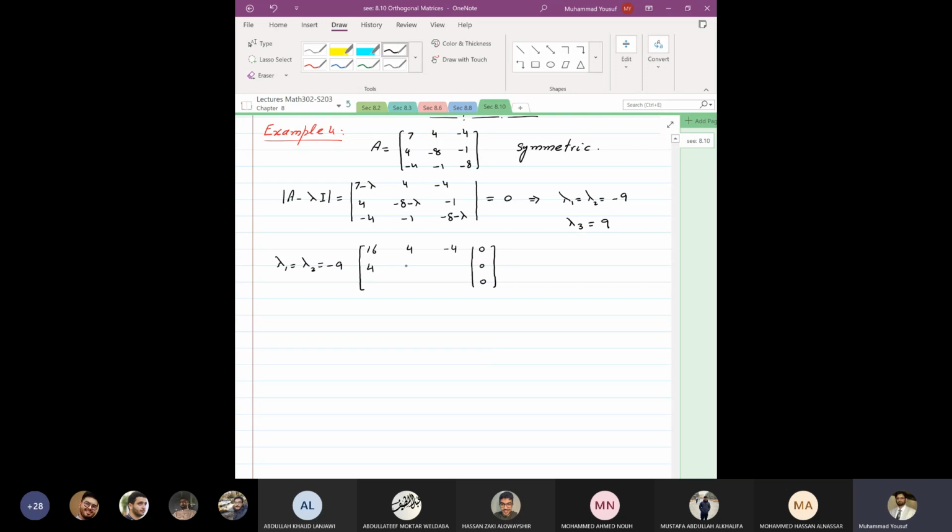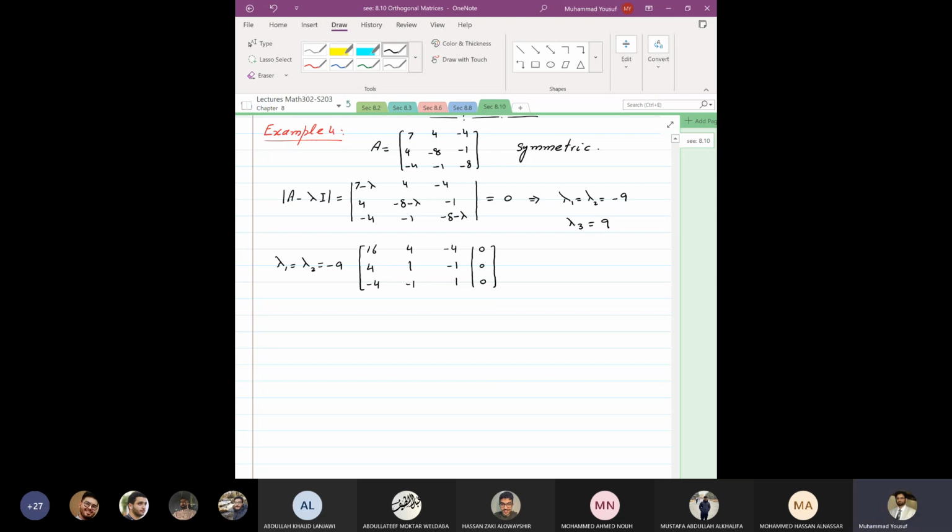Then 4 here, negative 8 plus 9, which is 1 here, and negative 1. Negative 4 here, negative 1 here, and positive 1 here.